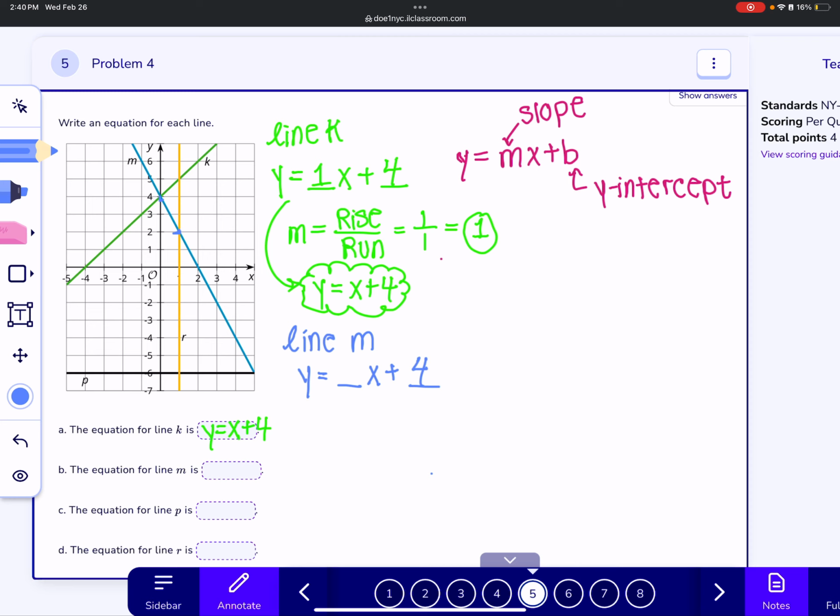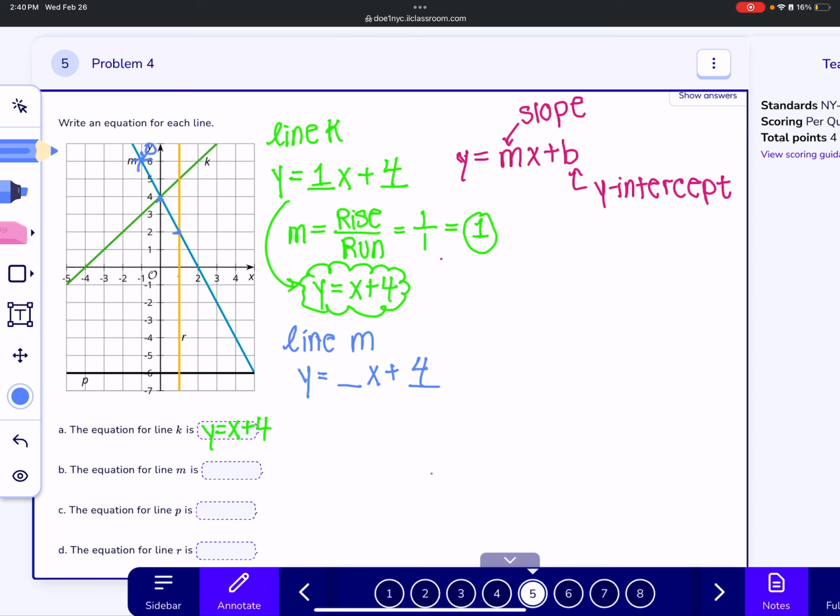Let's take a look at looking at the line from left to right again. So from left to right, if I put my person on the left side of this line, this person is actually sliding down, which means that this is a negative slope.